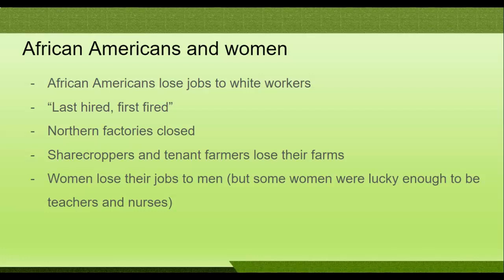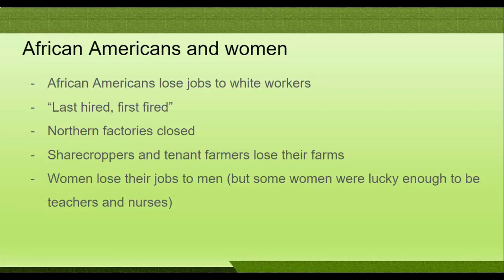Sharecroppers and tenant farmers, remember, a lot of poor African Americans after the Civil War were becoming sharecroppers and tenant farmers. Well, because of falling crop prices, they are losing their homes and their livelihoods because they're getting kicked off the farms. Because remember, they're just renting the land or giving the people who own the land crops as payment.